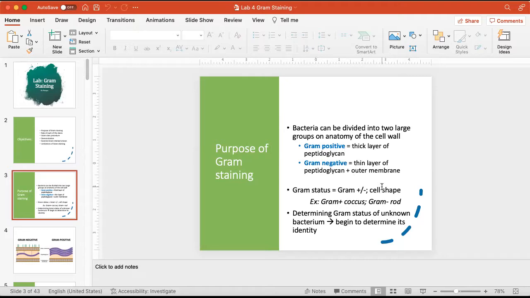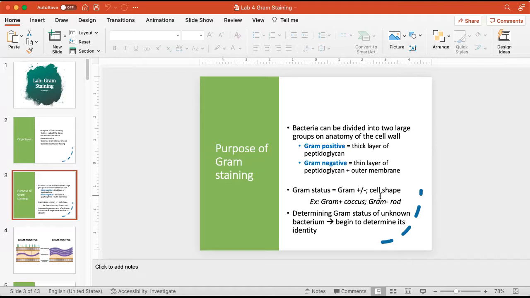So for example, if I ran a gram stain procedure on a sample in the laboratory, I would report back to the physician, something like, this is a gram positive coccus. Or I might say, this is a gram negative rod. So I'm going to report back whether it's gram positive or gram negative and what shape the cell has.